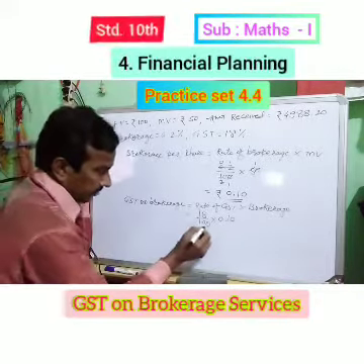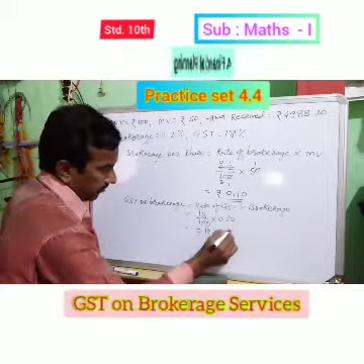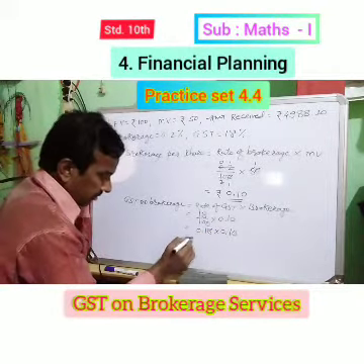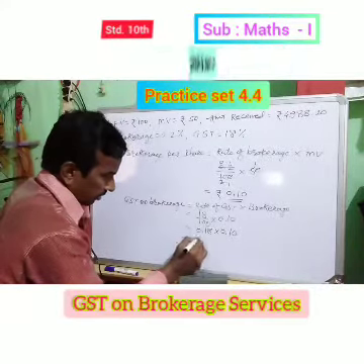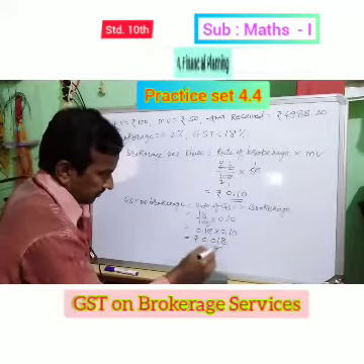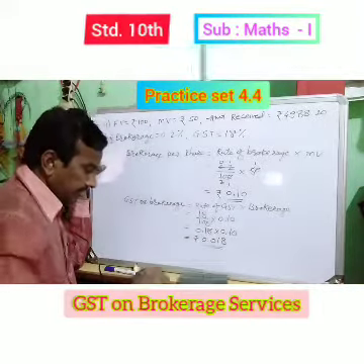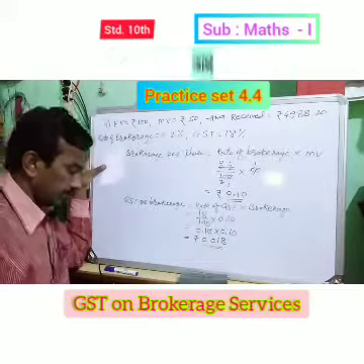This is 0.18 into 0.10, then it will become 0.018. This is GST, rupees 0.018.